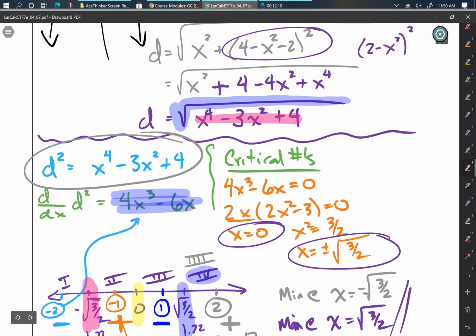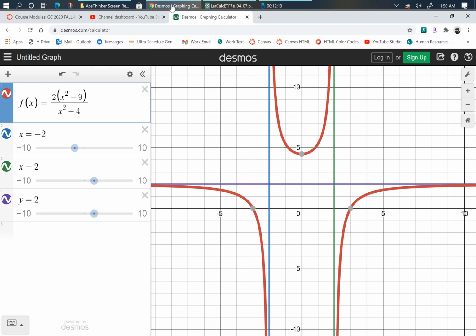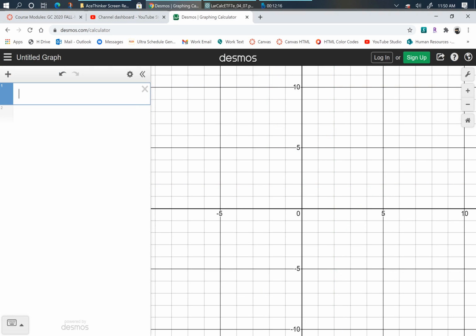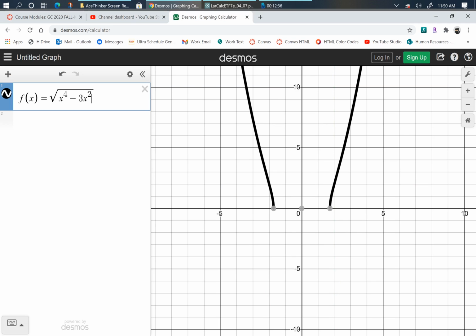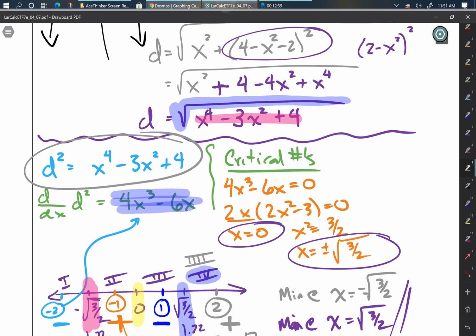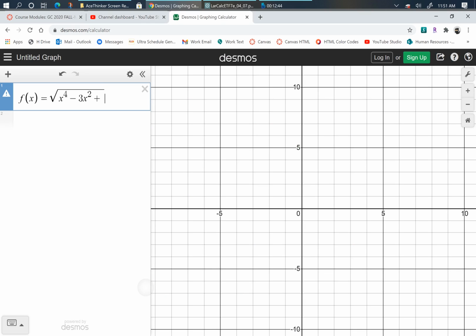So what I would like to do is come over here to Desmos, get rid of all this junk, and take a look at our function. If we graphed f of x and said that f of x was the square root of x raised to the 4th minus 3x squared, and then plus 4.